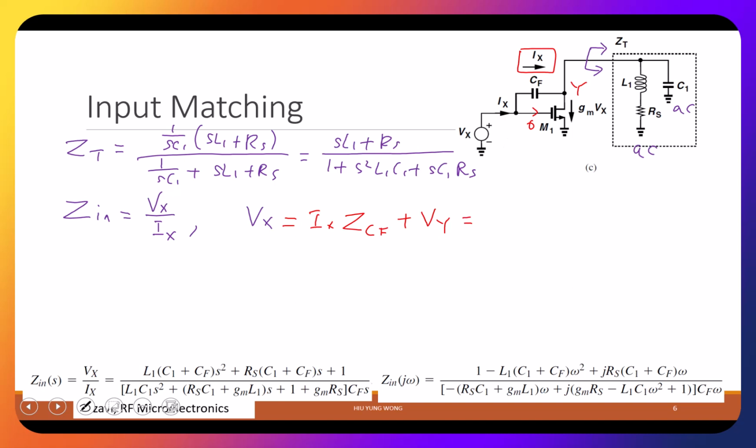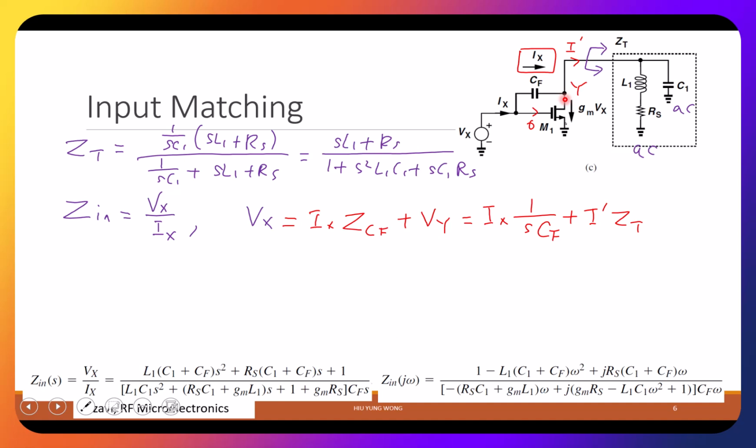So this is easy. What is ZX? ZCF. What is the impedance? It is 1 over SCF. But then what is VY? VY, you can also see it as this current, let me call it I dash, times ZT. This current going through here gives me a potential, which is VY.